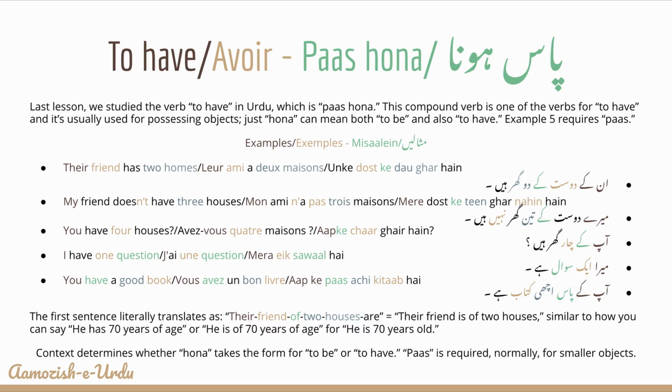Also, context determines whether hona takes the form to be or to have. Pass is required normally for smaller objects, like example 5, which is a book, kitab.